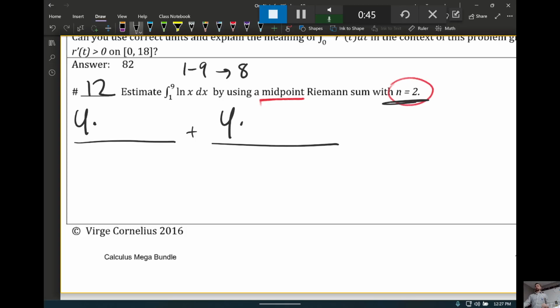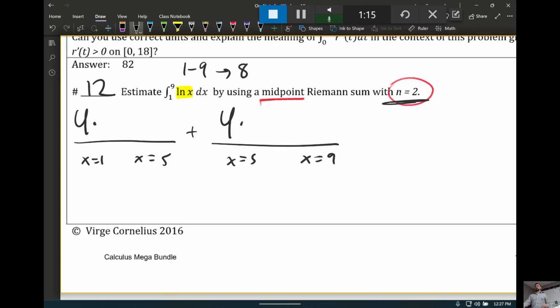Then the length of each one, so here's the function, natural log of x. So the length is going to be the value from the x-axis to the function at that x value. So I'm starting off at 1, and if I have a midpoint, this is like x values 1 to 5, that's a distance of 4, and this is from x equals 5 to x equals 9, that gives it a width of 4 also.